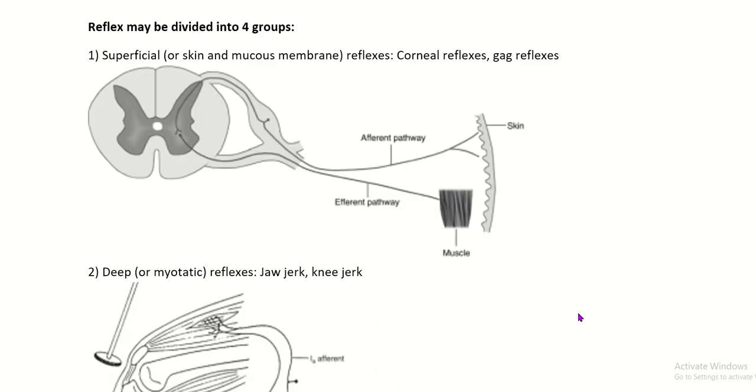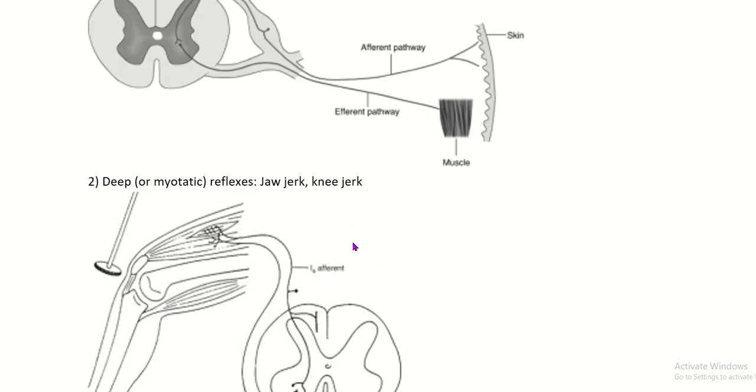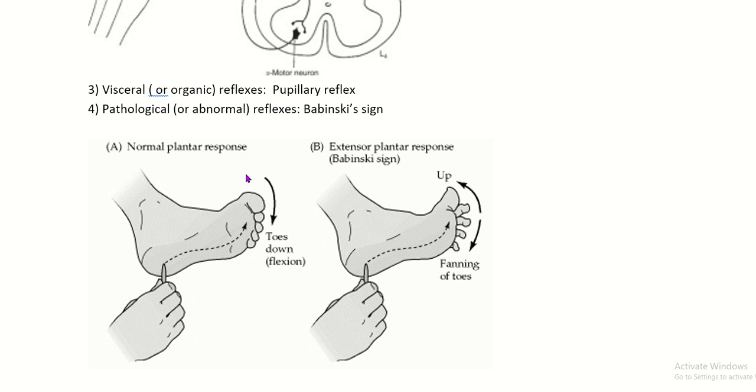Reflexes may be divided into four groups: superficial reflexes, where the corneal reflex and gag reflex are superficial reflexes. Deep reflexes are the knee jerk and jaw jerk. These are examples of deep reflex. And there is the visceral reflex, the pupillary reflex, and the pathological reflex, the Babinski sign.